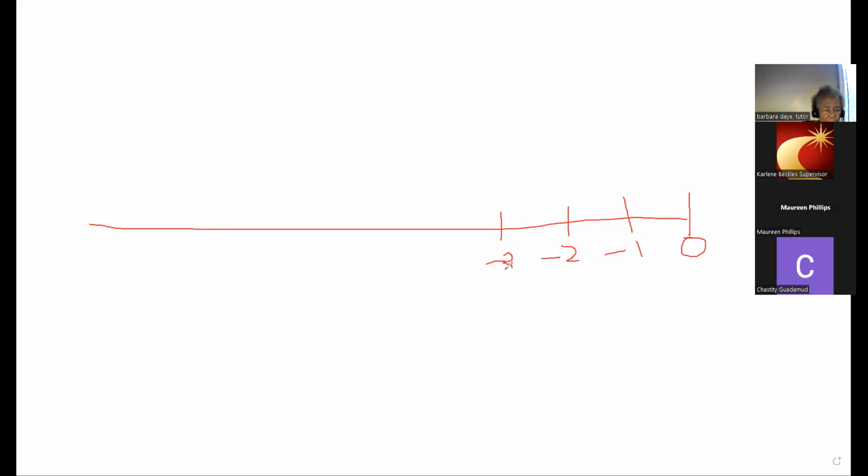Okay, let me, okay. And I'll just put a 0 here. And we'll just deal with negative. Okay, so -1, -2, -3, -4. I'm drawing them because you could really see them. You could just really count the distances.